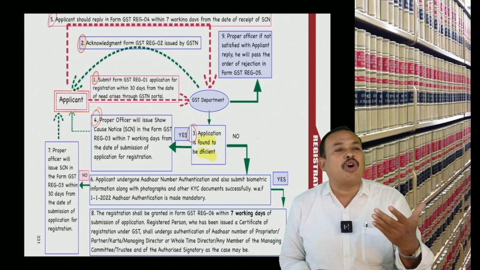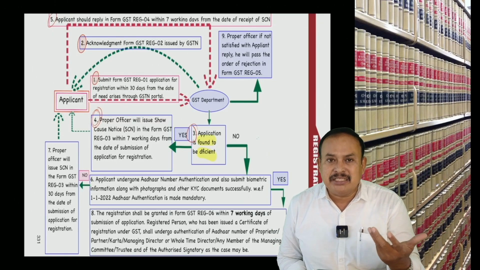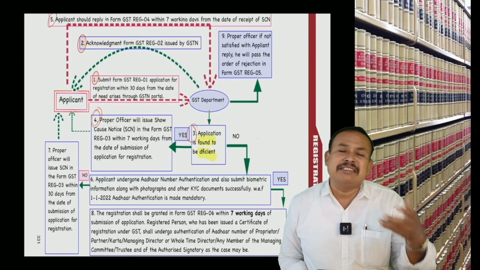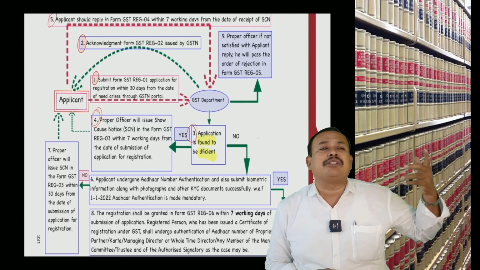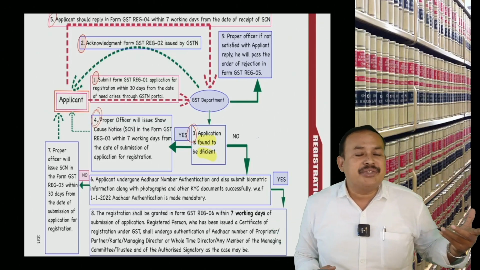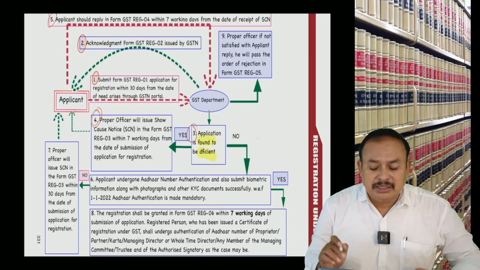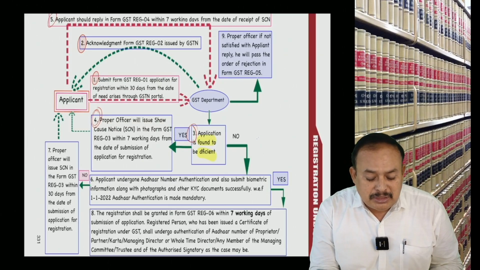If the department officer is satisfied with the reply, or in some cases the officer is satisfied with your application for registration, he is not required to issue a show cause notice. In that case, if the department is ultimately satisfied, then no deficiency has been found. Come to step 6.